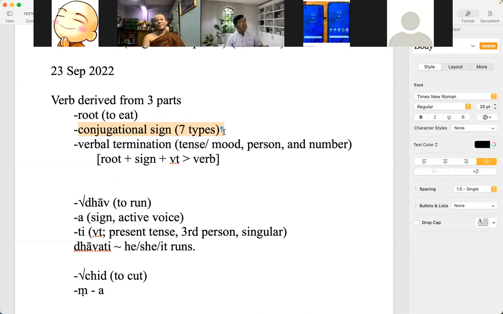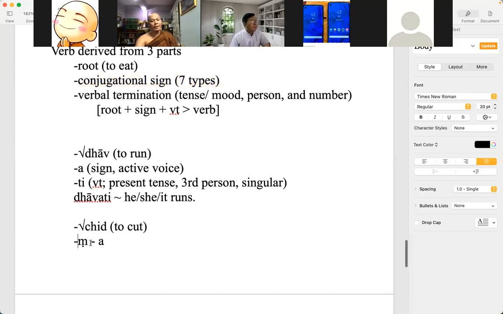Just to classify roots: after some roots we use the sign a, after some roots we use a nasal sign, and after some roots we use any of the 7. So that is therefore a bit different. But this just makes it more complicated, because even without it, we already know the meaning.